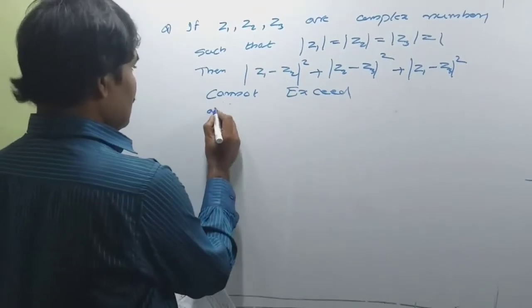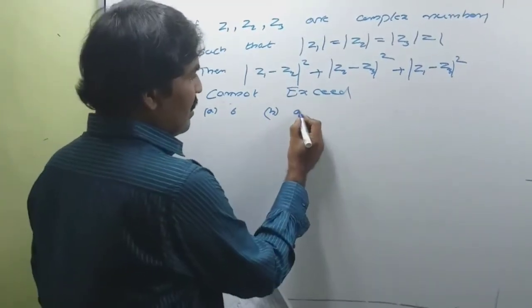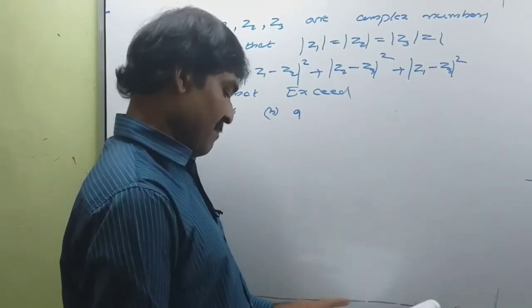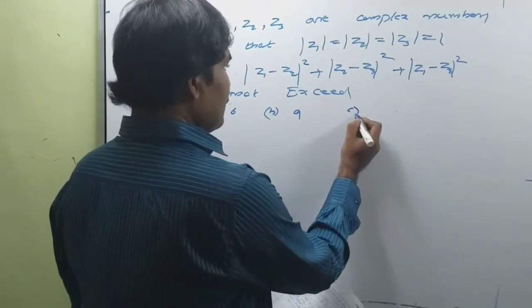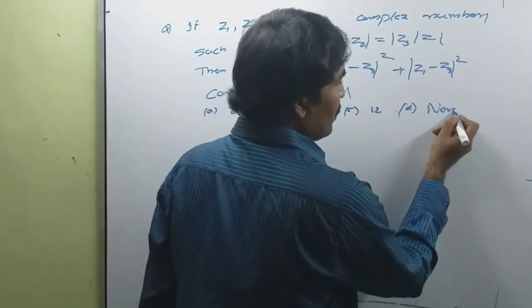The choices given are A 6, B 9, C 12 and D none of these.